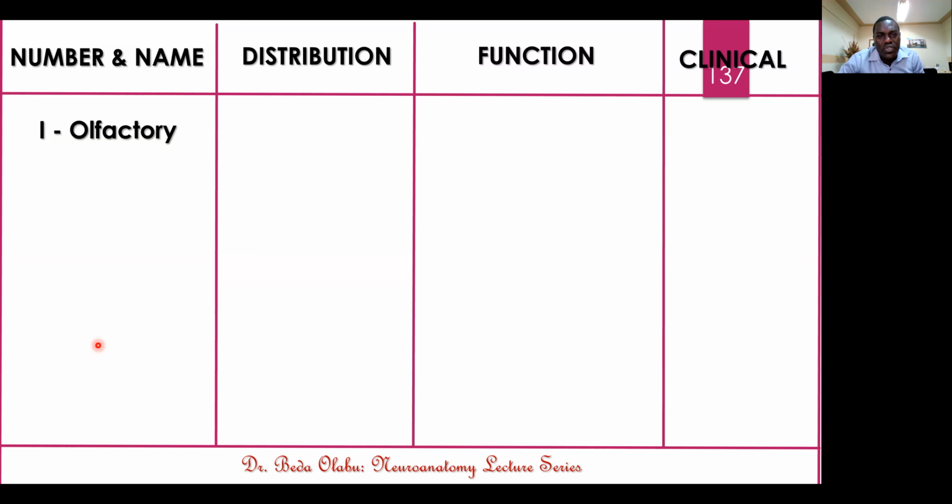But if you look at it from it being a sensory nerve, then you can say it arises from the nasal cavity, then goes through those small holes to the cranial cavity. Either way, the distribution of the olfactory nerve is the roof of the nasal cavity, specifically targeting the olfactory epithelium of the nose.